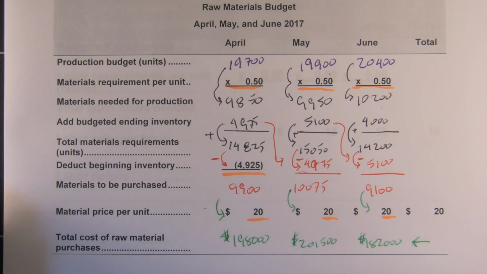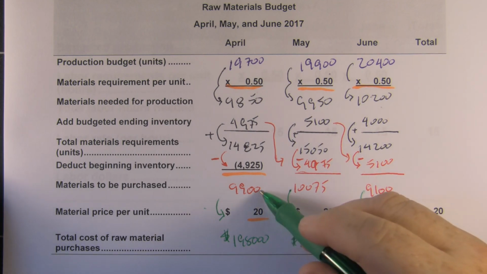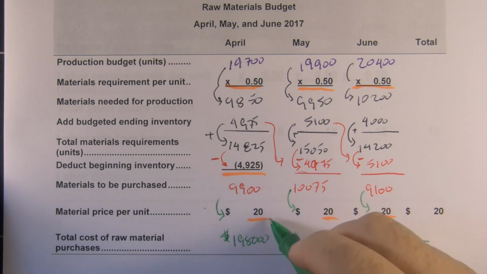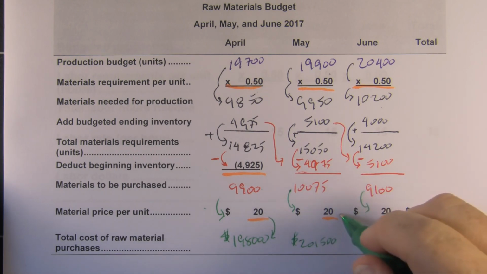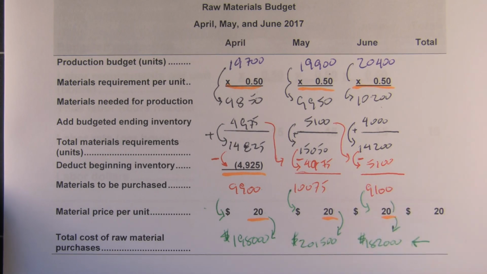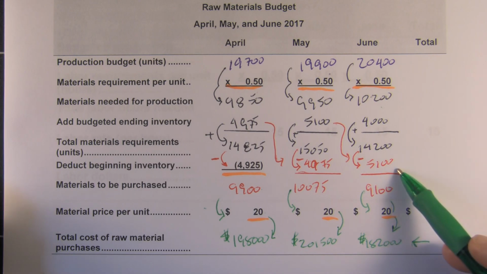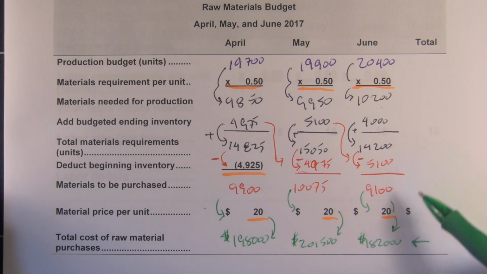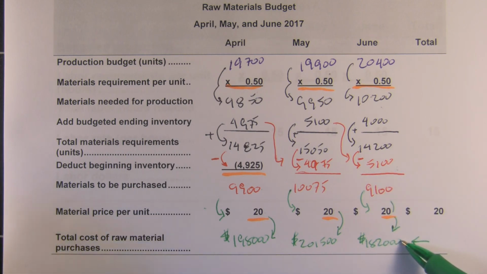And again, so you can see it, $20 per unit times the 9,900 that we need, 20 times 10,075, 20 times 9,100. That's the cash we need on hand. This is the number we need for our acquisitions agent or our purchasing agent. This is the number we need for our accounting department.